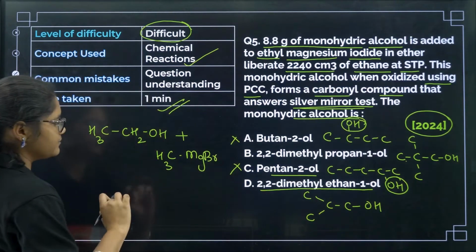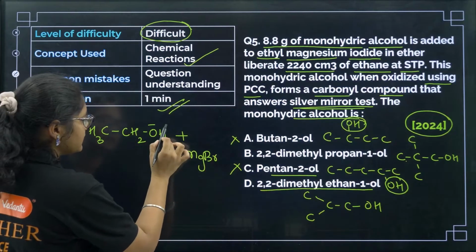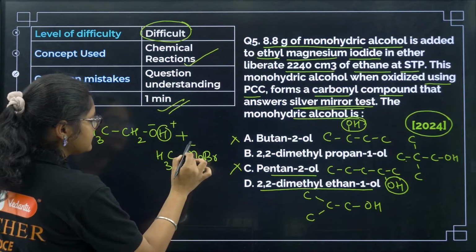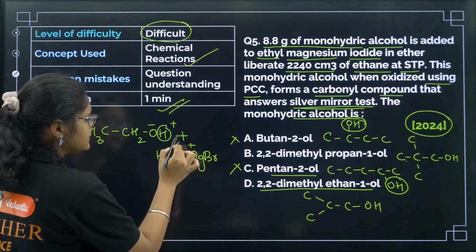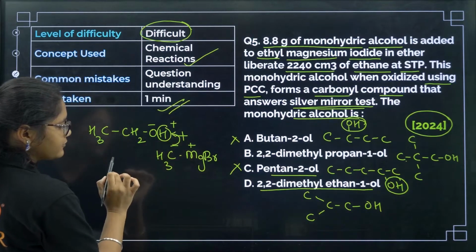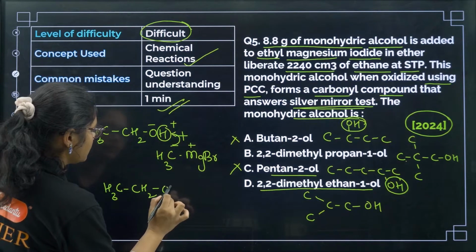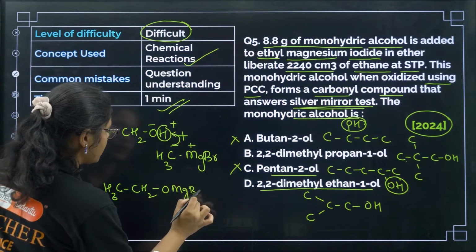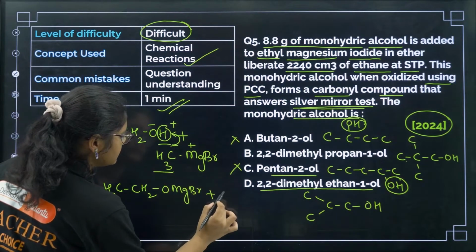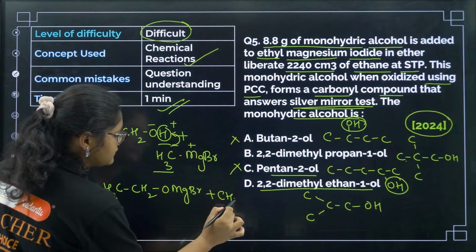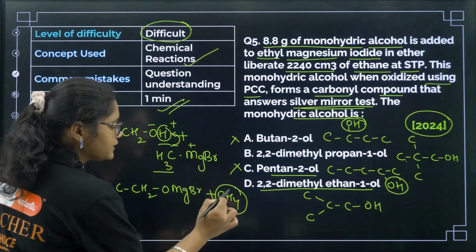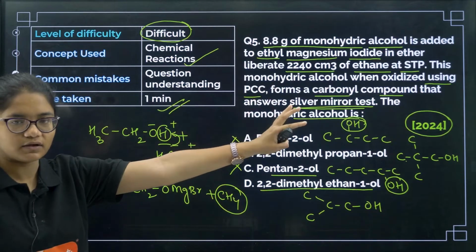First understand the reaction. This one will give you H plus, this is plus, this is minus. So this minus takes this H. So what will I get? CH3CH2OMgBr, plus this one will give me CH3 and then one H, CH4. So this byproduct is the one which is talked about in the question.